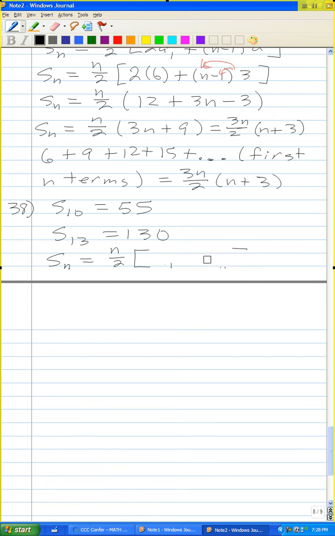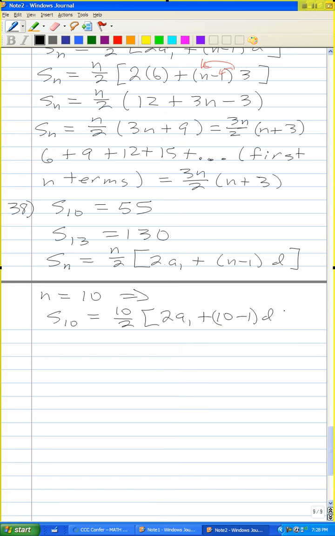Actually, let's do it with the other formula. 2a1 plus n minus 1 d. Okay, so let's first look when n is equal to 10. And so if I plug in 10, I get S sub 10 is equal to 10 over 2 times 2a1 plus 10 minus 1 d.